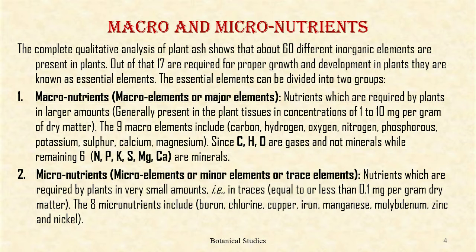These are the nutrients required by plants in larger amounts, generally present in the plant tissue in concentrations of 1 to 10 milligram per gram of dry matter. The 9 macro elements include carbon, hydrogen, oxygen, nitrogen, phosphorus, potassium, sulfur, calcium and magnesium.